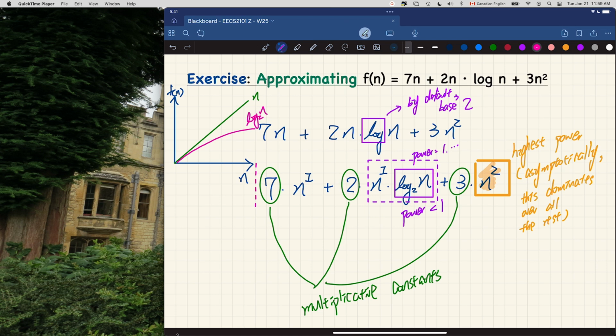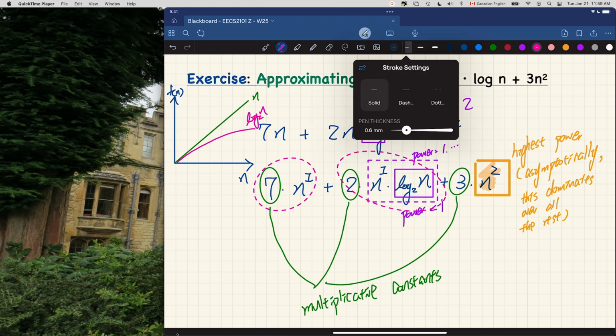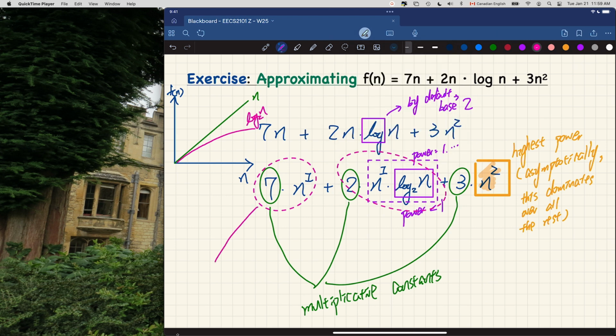The rest over here, this term is one term, and this is just another term. These two are the lower terms: lower term number 1 and lower term number 2. And that's the highest term.